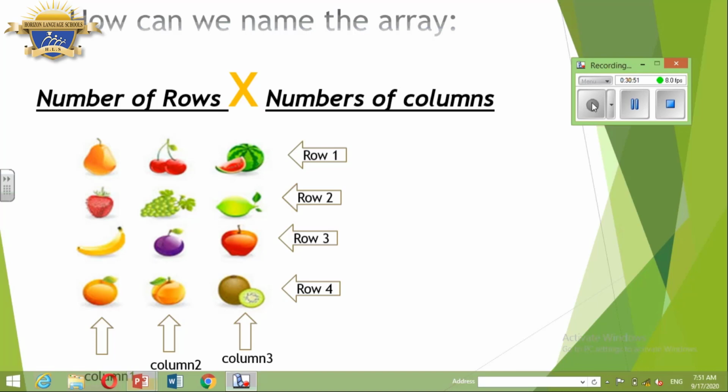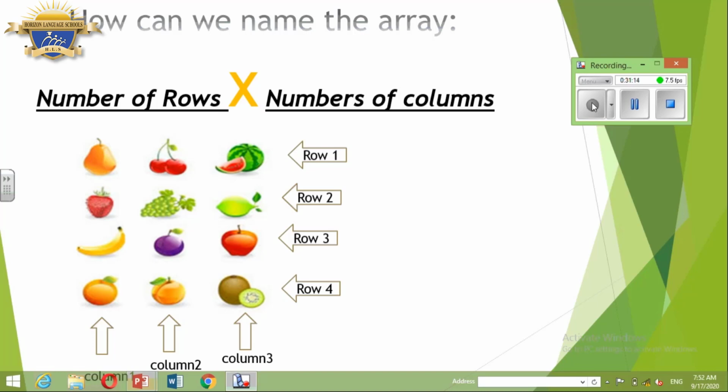When the pattern is increasing, we use plus. If it's decreasing, we use minus. The other side of the lesson is array, and we said array is a type of pattern.